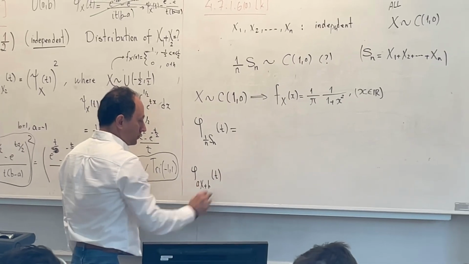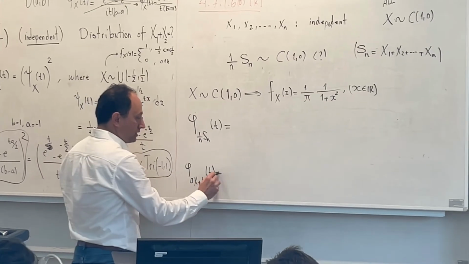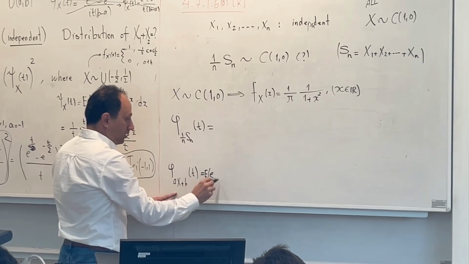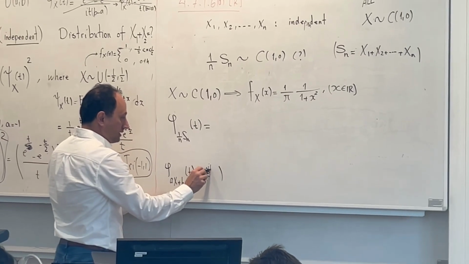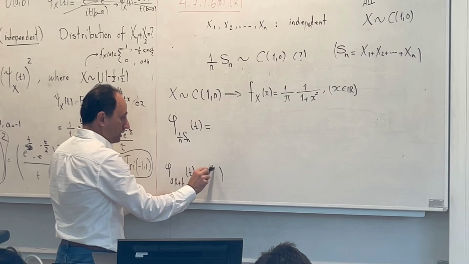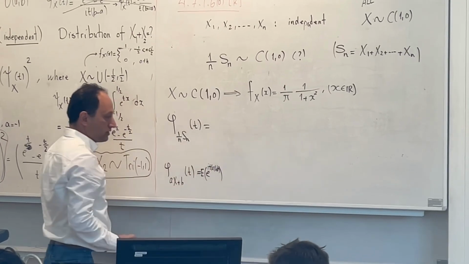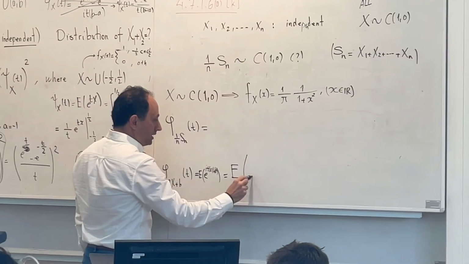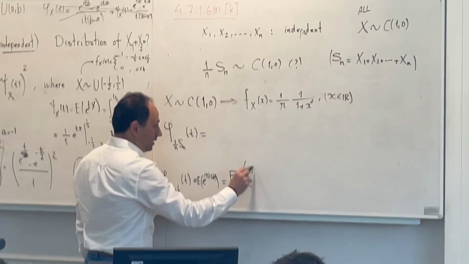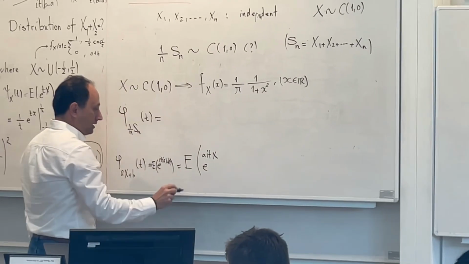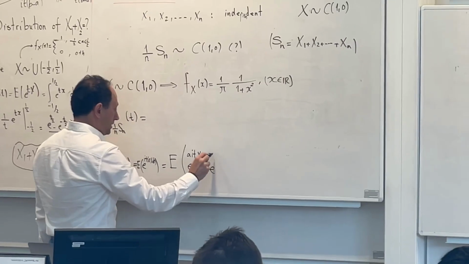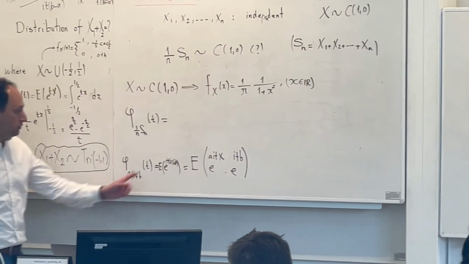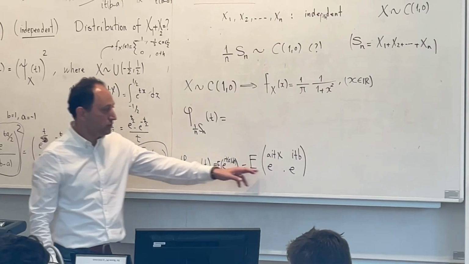And if you want to calculate this, in principle, what does it mean? It means the expectation value of e to the power of i t times your random variable ax plus b. Yes? So then it becomes e, I multiply this in, it becomes a i t x, and then it becomes e to the power of i t b. Yes? If you multiply this in and decompose them, it becomes like that.